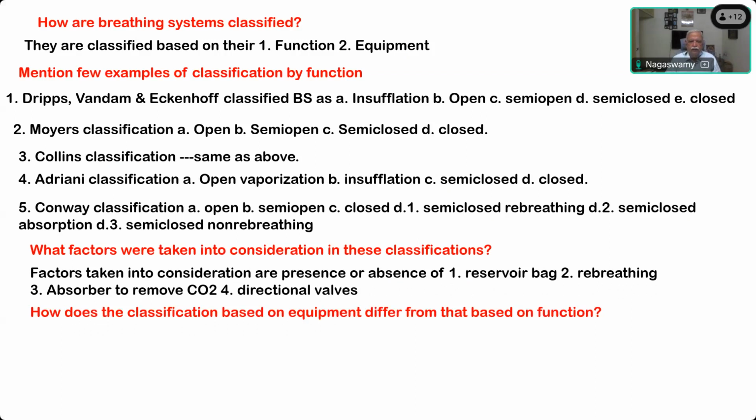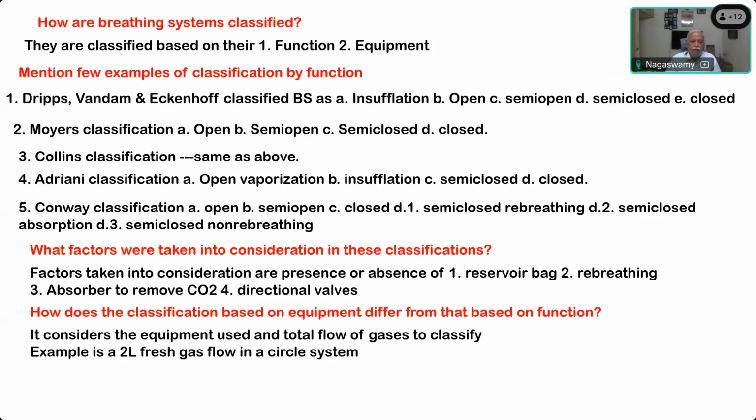So how does the classification based on equipment differ from that based on the function? The first classification is based on the functional status of the breathing system. Whereas the equipment classification considered two things. One is how much of fresh gas flow you are using and what equipment you are using to deliver that.